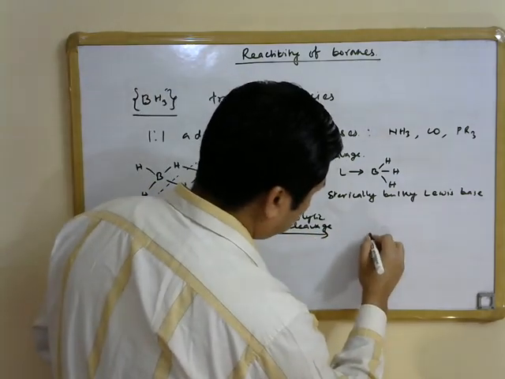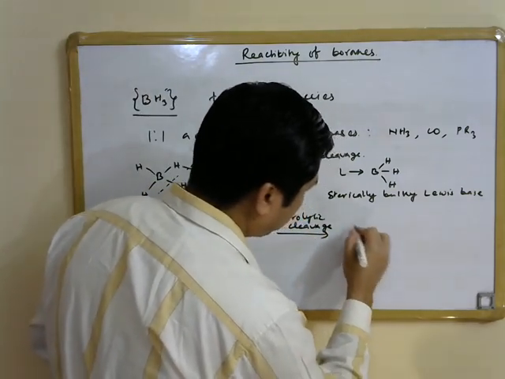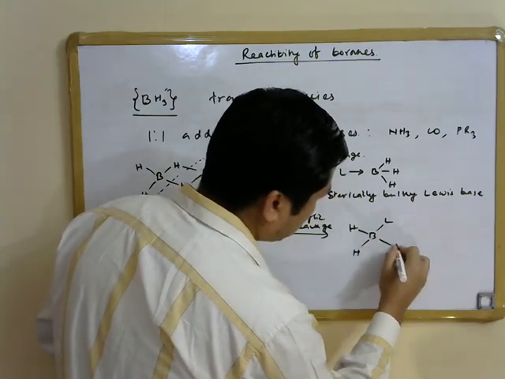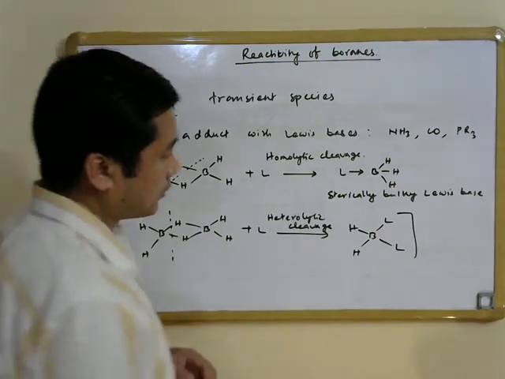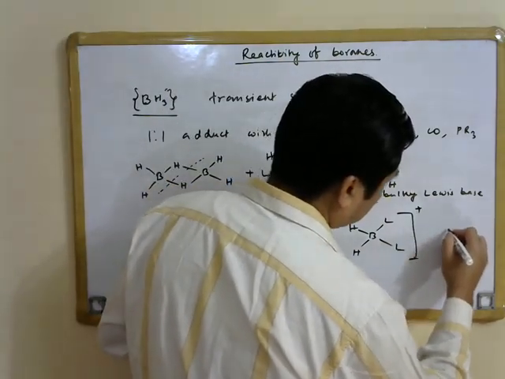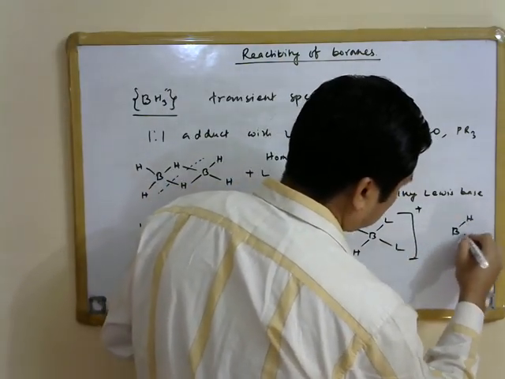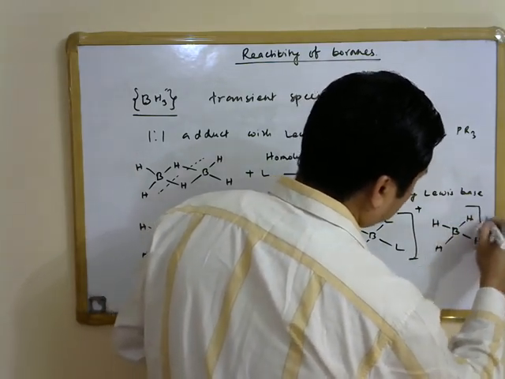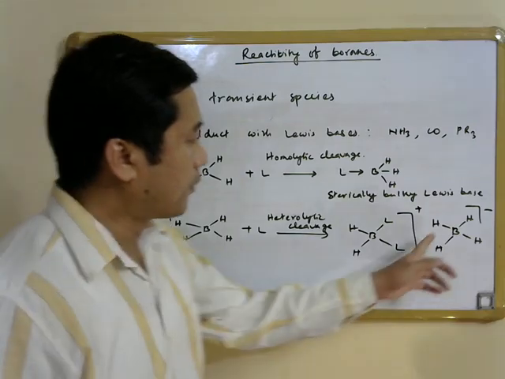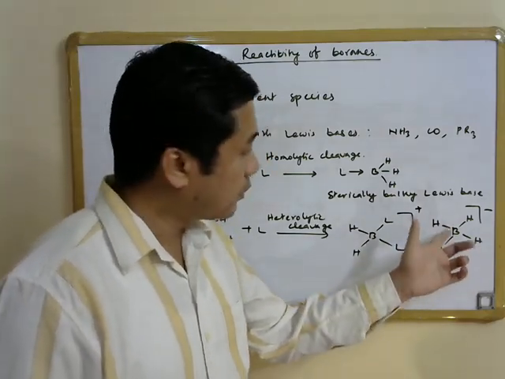So what we will end up with when we have this sort of heterolytic cleavage is this sort of Lewis acid base adduct of diborane, and another adduct that is also a Lewis acid base adduct only, because this is an adduct of H negative with BH3.